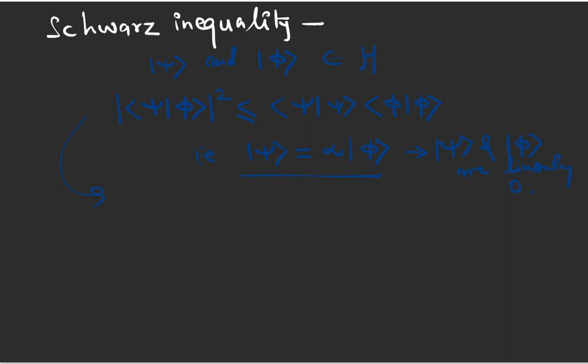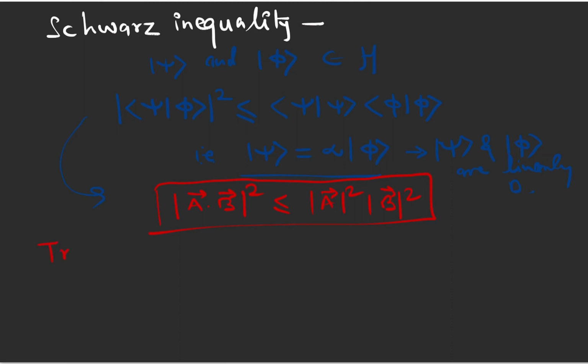Also in the Schwarz inequality, analogous to the relation in real Euclidean space, you can write a vector a dot b mod square is always less than or equal to mod of a square into mod of b square. So this is analogous to the state vectors Schwarz inequality.